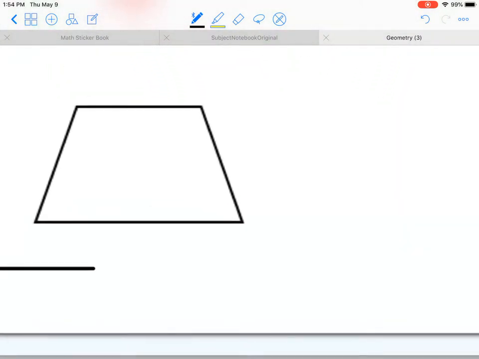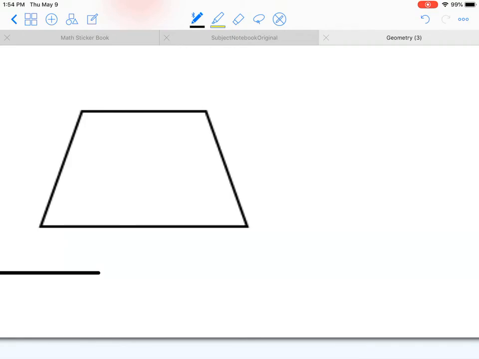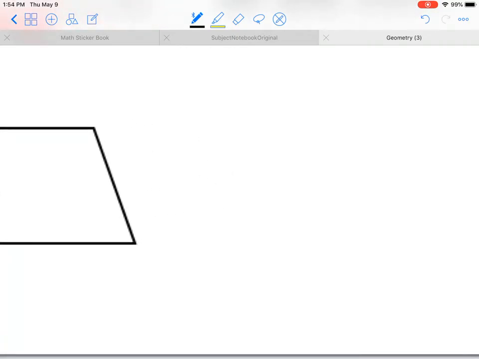Okay, this last guy. This one is a very unusual looking shape, and it has a very unusual name, as you might expect. This is called a trapezoid. And I'm going to move this over just a little because I want to give you the anatomy of a trapezoid. And a trapezoid has 4 sides.